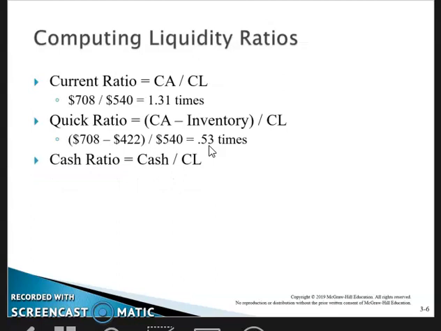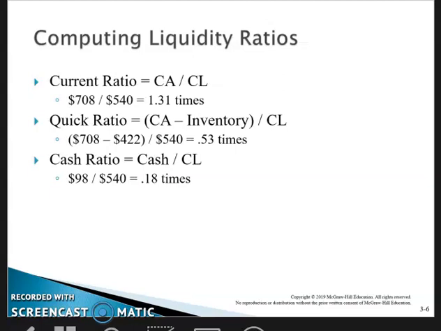Next is the cash ratio. So just cash divided by current liabilities. In this case, the cash is 98 million divided by the 540 million of current liabilities, or 0.18 times. This is another indication that the company could have trouble meeting its current obligations.